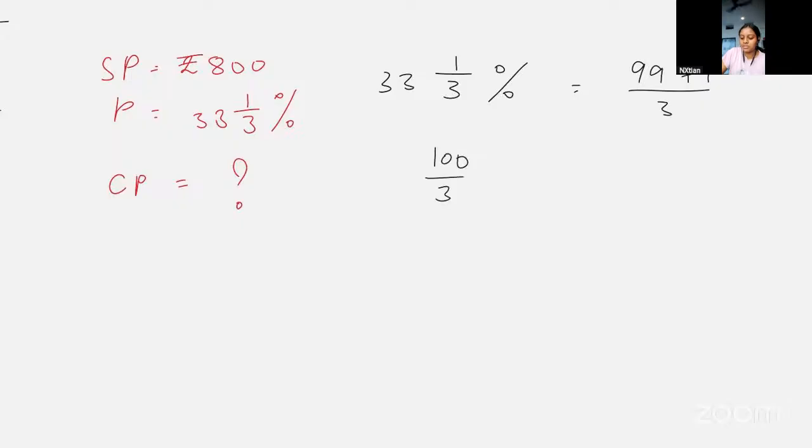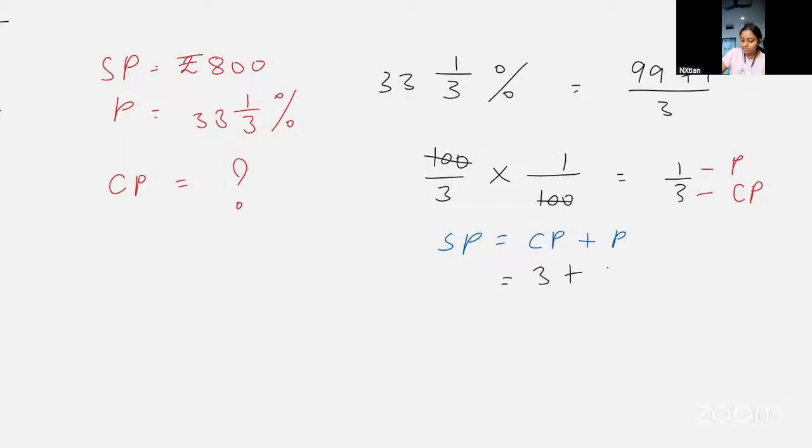To remove percent, I will do 100 upon 3 multiplied by 1 upon 100. Now cancel 100 with 100. You will get 1 by 3. Now, like I told you, the bottom one is CP, top one is profit. Selling price is equal to cost price plus profit. So 3 plus 1, 4 is my selling price.